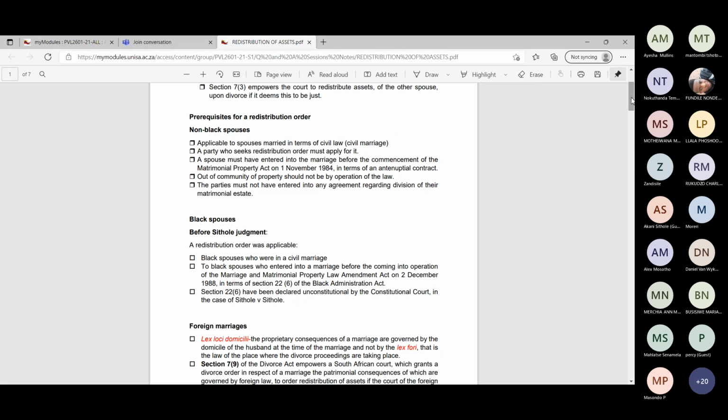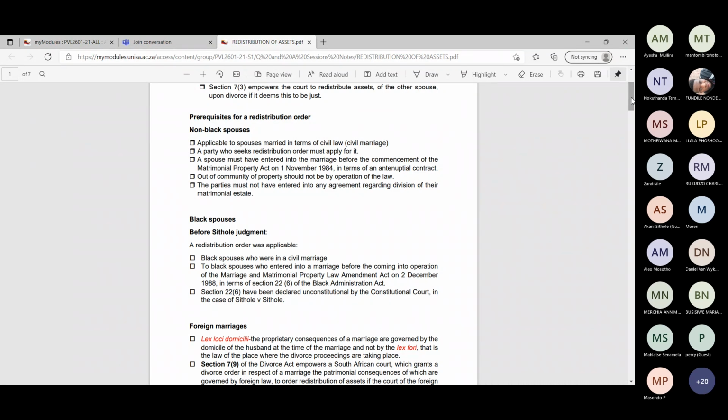So if you got married, let's say on the 1st of February 1988, your marriage is now automatically in community of property. The most important factor in redistribution is that your marriage must be out of community of property. So if all civil marriages of black spouses are now automatically in community of property, unless the spouses enter into out of community of property, the redistribution of assets is no longer applicable to black people.